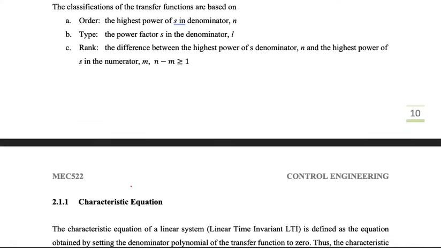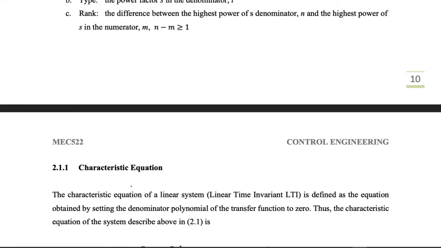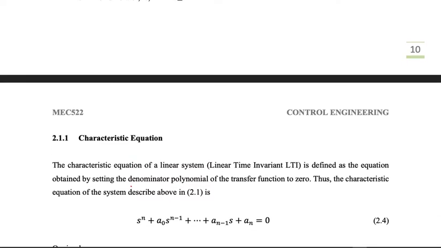And the most important characteristic, or the most important point in a transfer function, is the characteristic equation, because this characteristic equation can describe the behavior of the system that we are dealing with. The characteristic equation is defined as the denominator of the transfer function equated with 0, right?